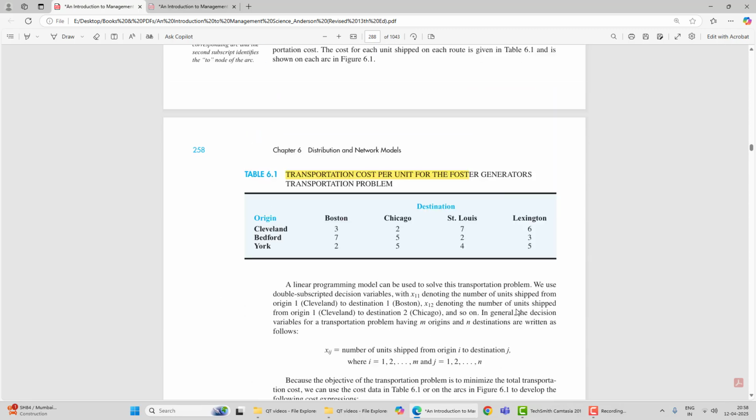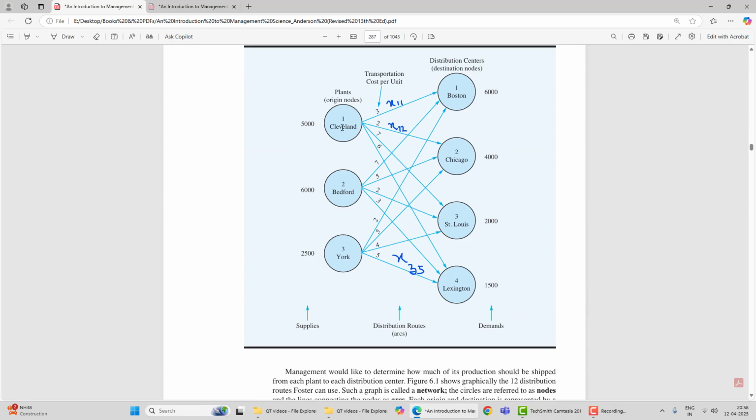Now, subject to constraints. If you go back here, what are the constraints? Whatever is going out of this plant cannot exceed 5000, because 5000 is the capacity. So we can write x11, x12. We don't have to multiply now, because we are not talking about the cost, we are talking about the units which are produced and transported.